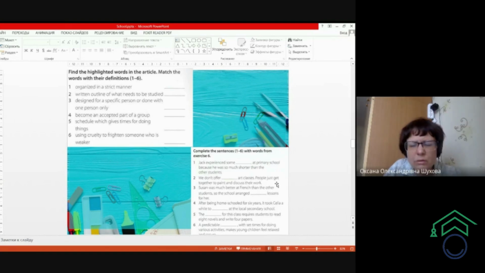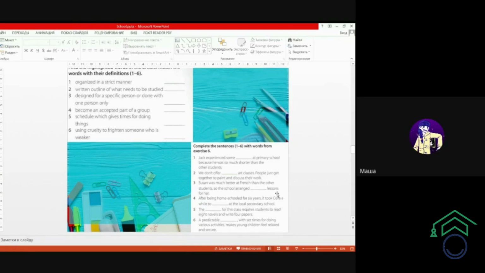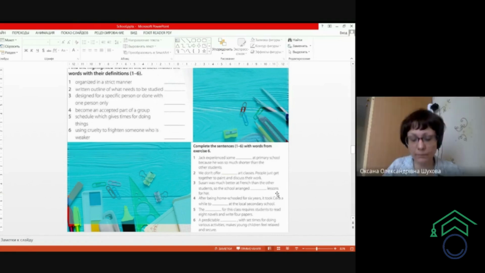Sorry, could you repeat the word? Syllabus. Yes. Okay. And 6. A predictable timetable with set times for doing various activities makes young children feel relaxed and secure. Okay. Thank you very much.